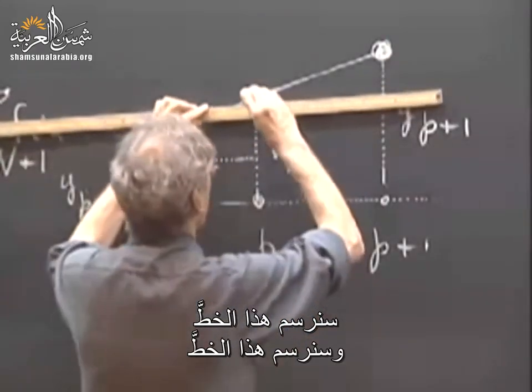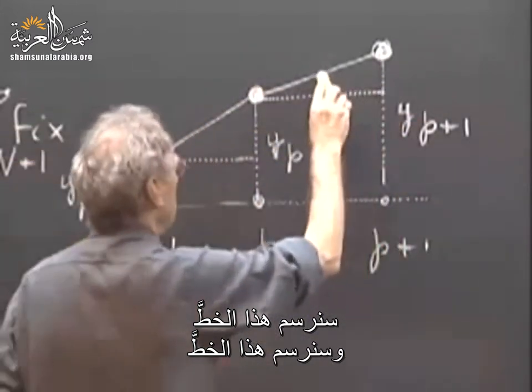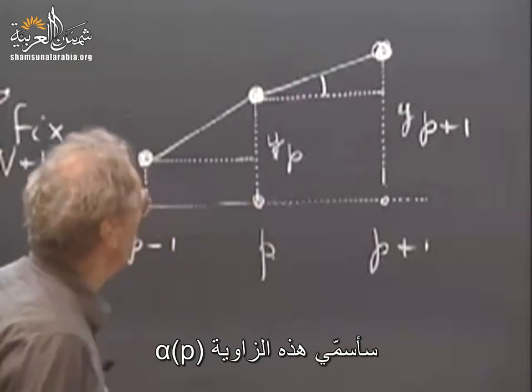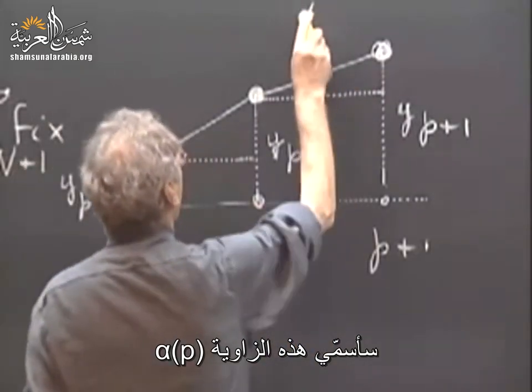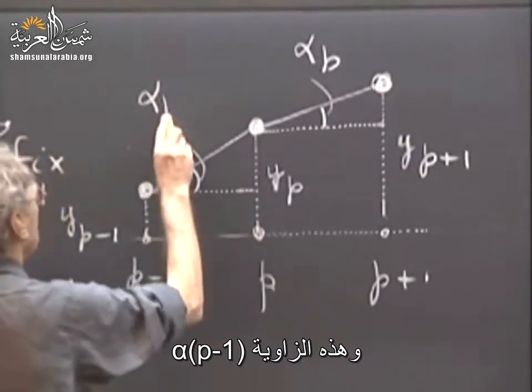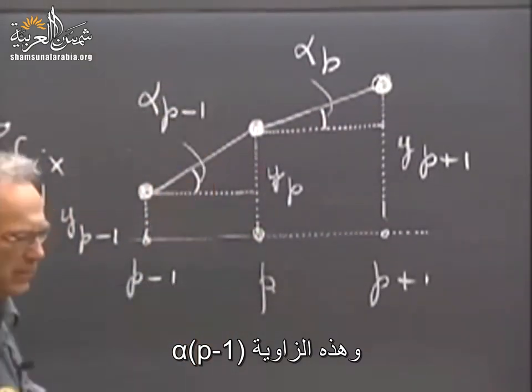We draw this line. I will call this angle alpha P. And I will call this angle alpha P minus 1.